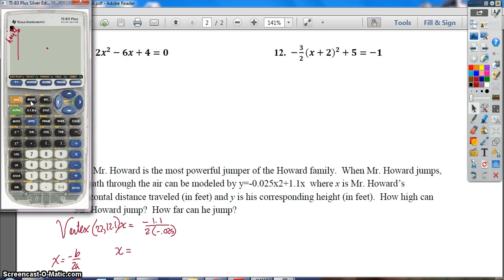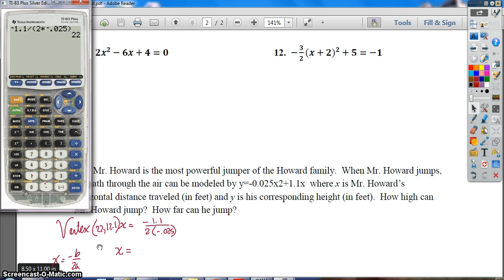Let's see how I do when I do it by hand. Jump out of here. Erase this so I can actually read my screen. So I'm going to have negative 1.1 divided by 2 times negative 0.025. See, I didn't get my multiplication symbol there. 22.